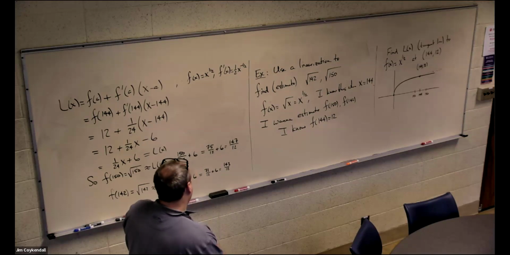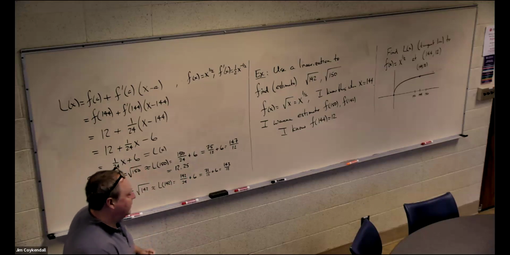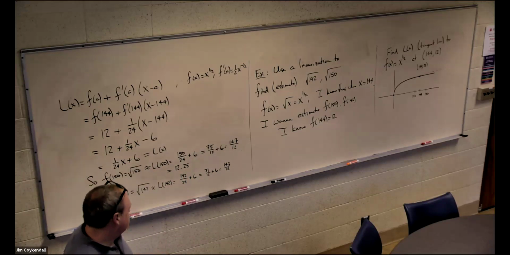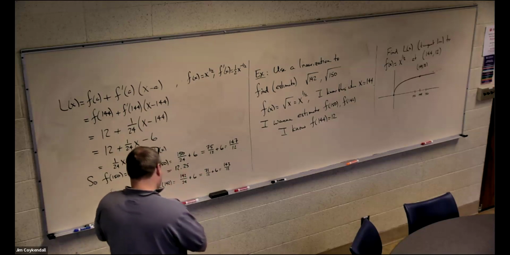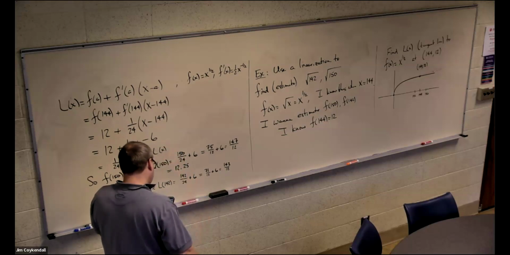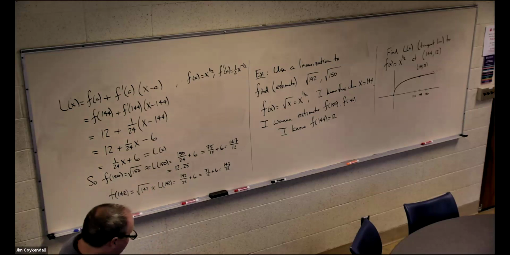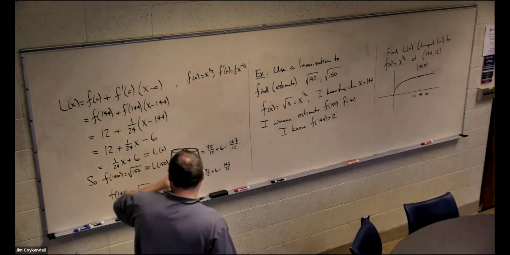So this is 12 minus 1/12. So this comes to like 11.9. Yes, I get 11.916. So not too shabby for a back-of-the-envelope calculation.